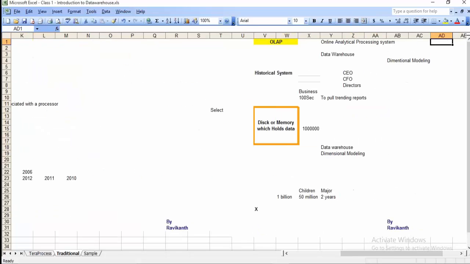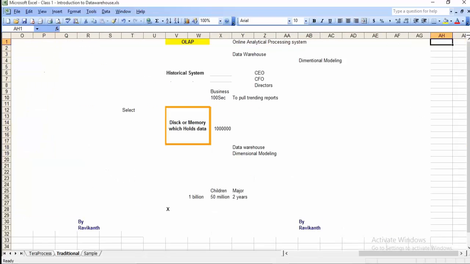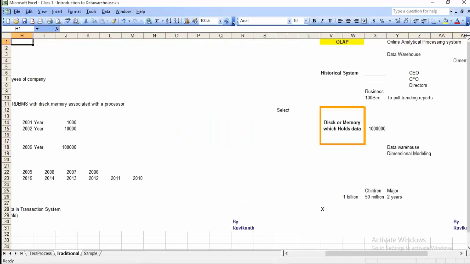Now, where does Informatica come into the picture? We are extracting data from the online transaction processing system and historical data and loading it into the data warehouse system, right? So who is going to do that?